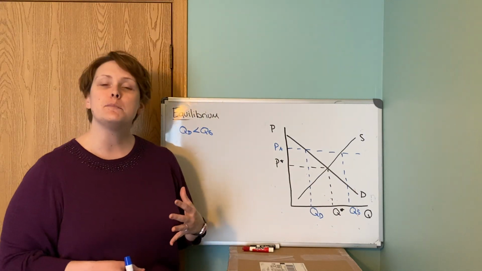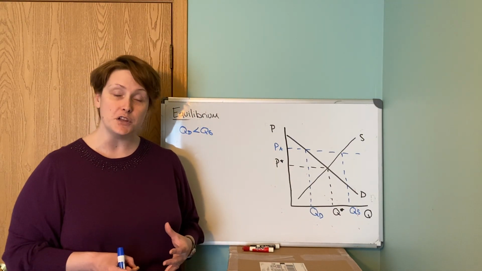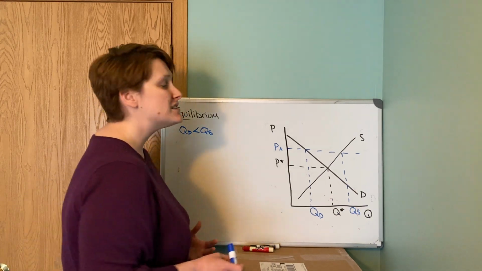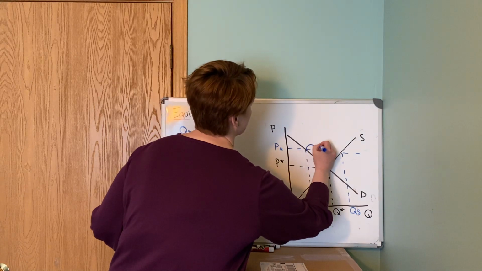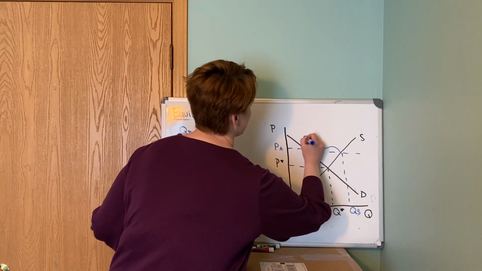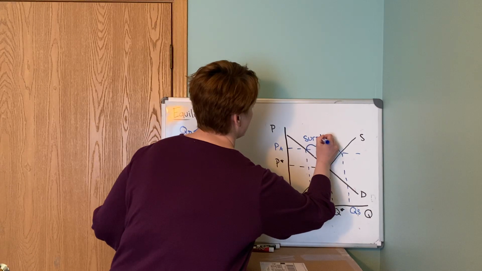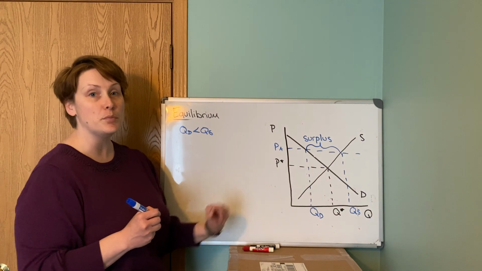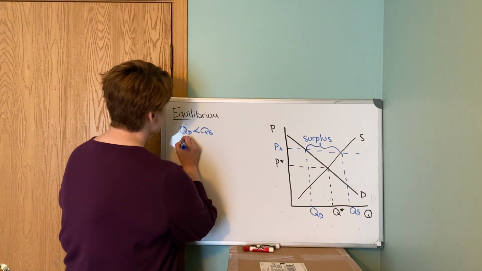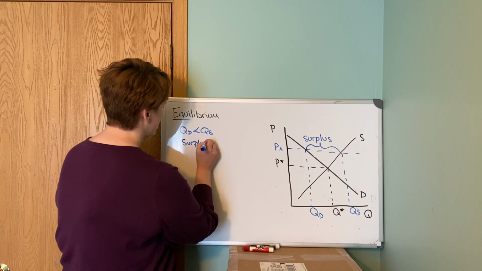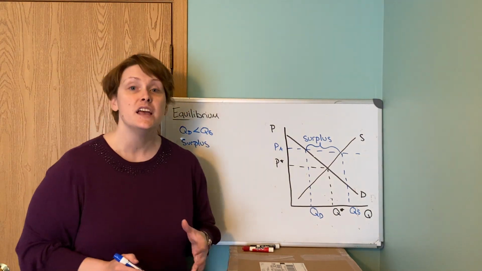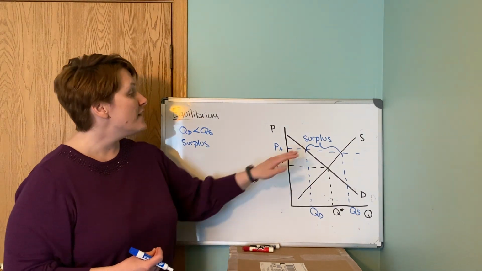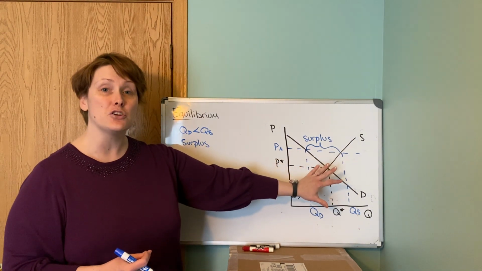Now, in our opposite situation where we talked about a price below equilibrium, we saw a shortage. Now in this case, we're going to see a surplus. This difference between our quantity demanded and our quantity supplied is going to lead to a surplus. The higher prices ensure that the suppliers are going to keep supplying, but again, this market signal isn't indicating correctly.